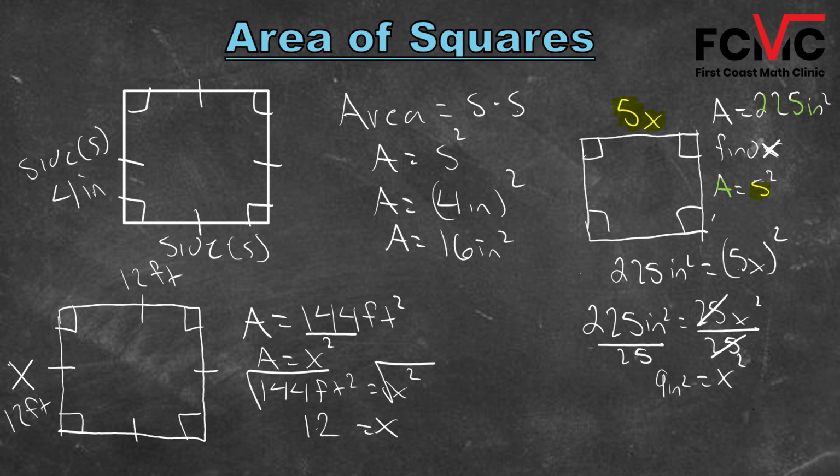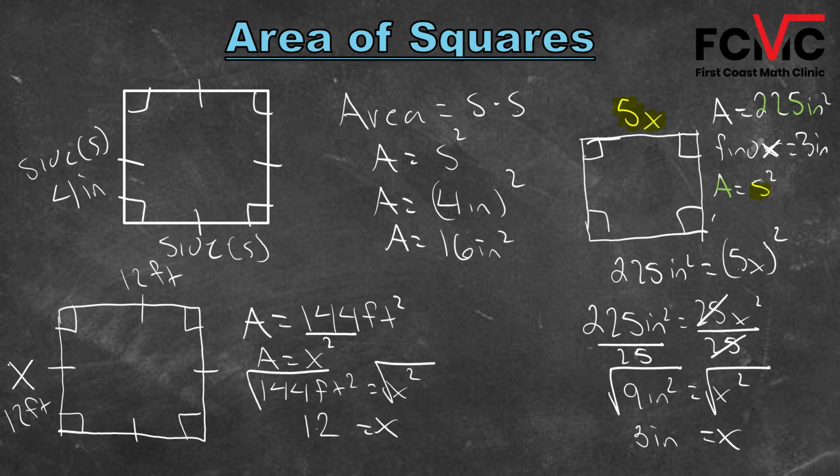I'm going to write this a little neater, so just give me 1 second. So 9 inches squared equals x squared. So let's take the square root, and then the square root of 9 inches squared is just going to give us 3 inches. So our value for x is 3 inches.